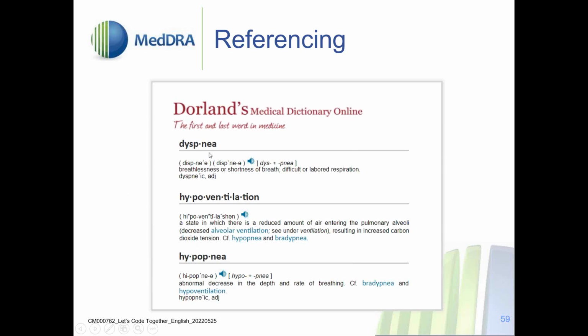Dyspnea is a more general term and stands for difficult or labored respiration. It could be considered because it is more vague than the other two terms, but again, it was not reported. We don't know whether the patient is suffering a dyspnea.